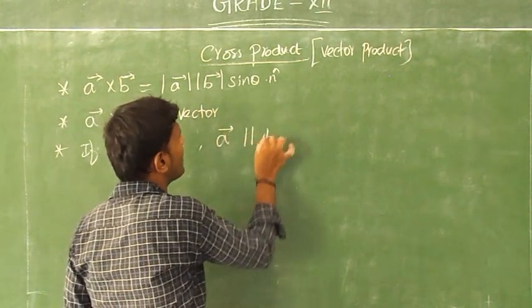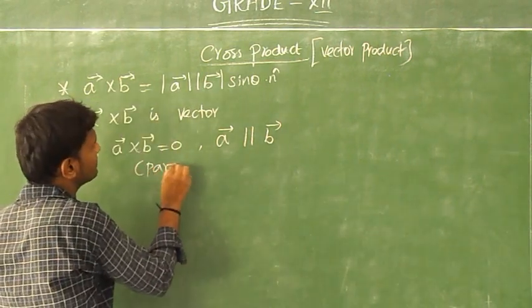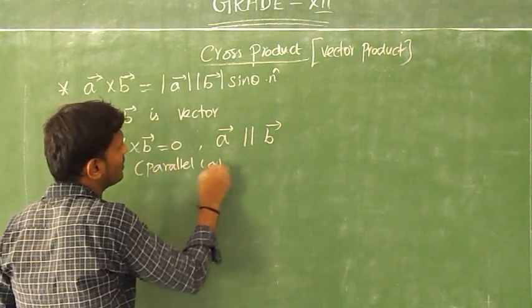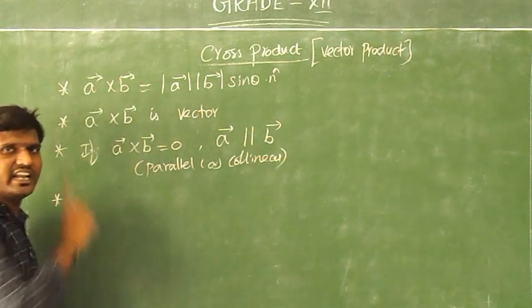So A vector is parallel or collinear to B vector. This is your second observation.